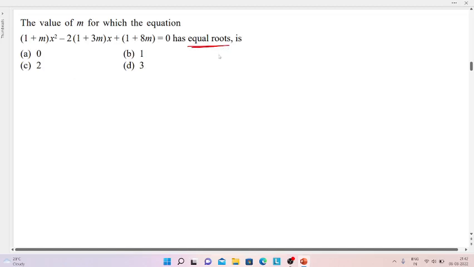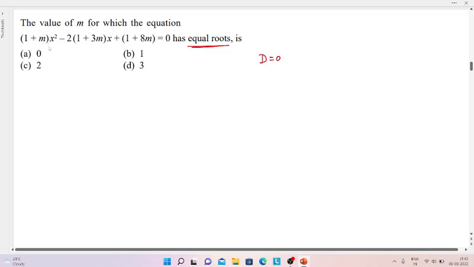So basically you have to find the value of the discriminant, which is D. If D equals 0, and I have already discussed the theory related to the discriminant, then the roots will become equal, right?